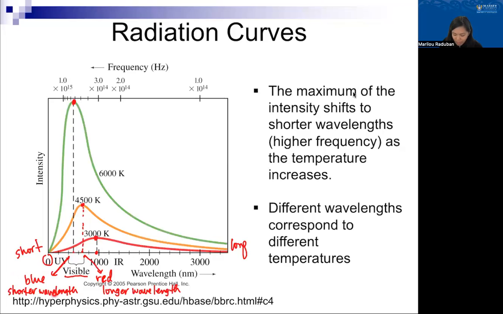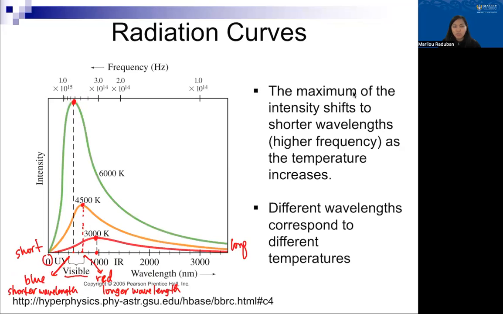So blue has a shorter wavelength compared to red, and the radiation curves tell us that the shorter wavelength will emit more radiation compared to the longer wavelength, and therefore blue objects emit more radiation compared to red objects.